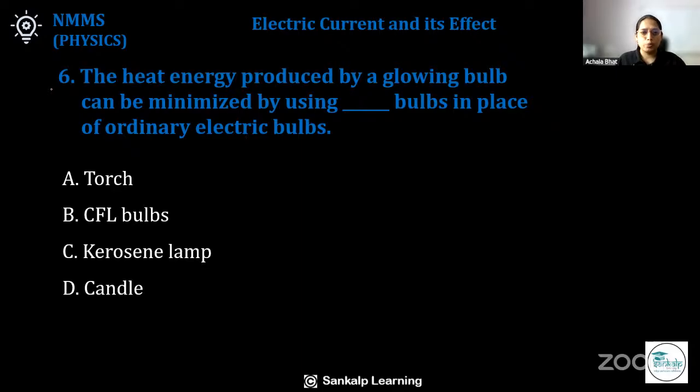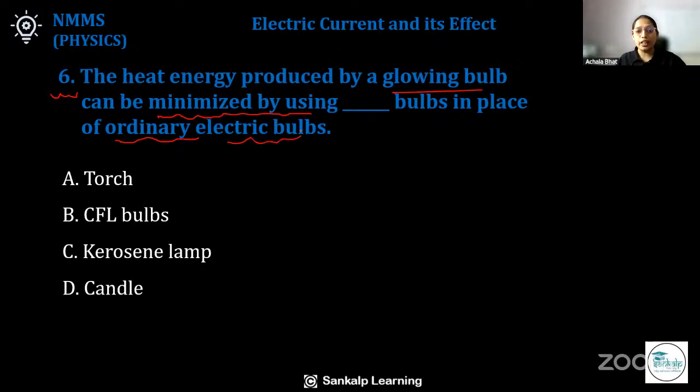Let us see question number 6 of NMMS physics chapter electric current and its effect. The heat energy produced by a glowing bulb can be minimized by using which type of bulb in place of an ordinary electric bulb?